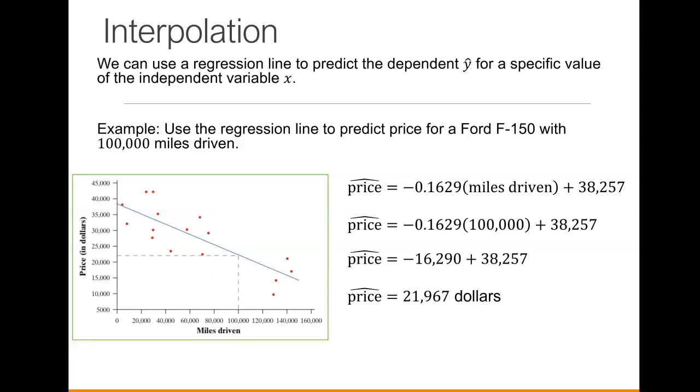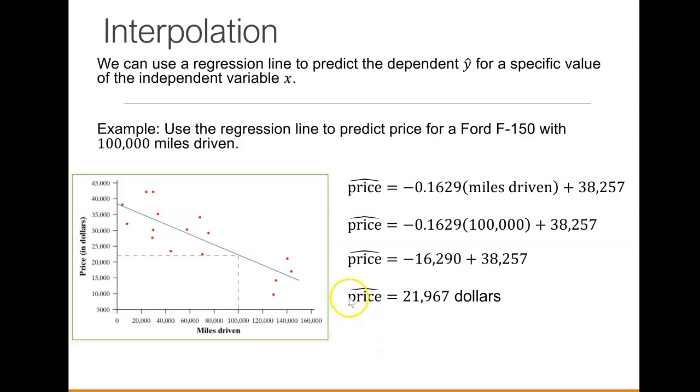So when we make a prediction using our best fit line, there's two types of predictions that we make. This is one example. Does anybody remember what this type of prediction is called? Well, let me give you a hint. The other type of prediction might be if we tried to predict something when the truck has 200,000 miles driven.